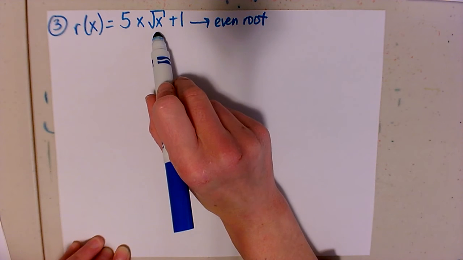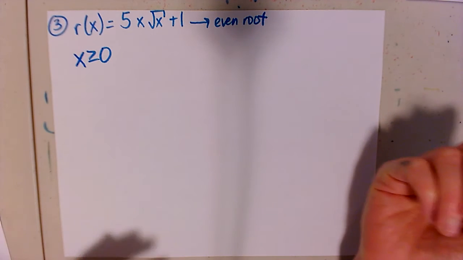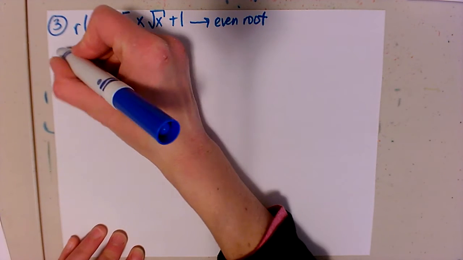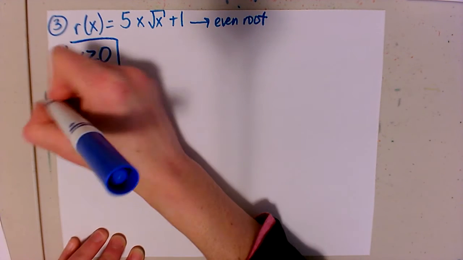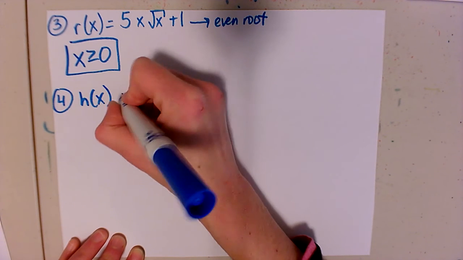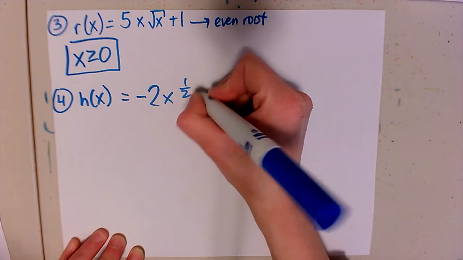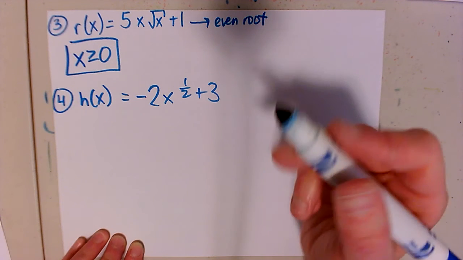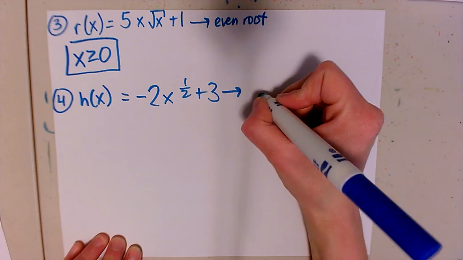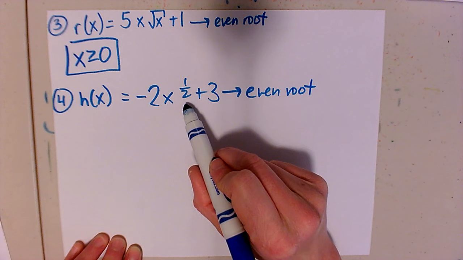The only thing we have under the radical is this x. So we say x is greater than or equal to 0. We already have x isolated all by itself, so we're all done. For number 4, we have a fractional exponent. We're going to have negative 2x raised to the 1/2 plus 3. So this is an even root, because my denominator is even.